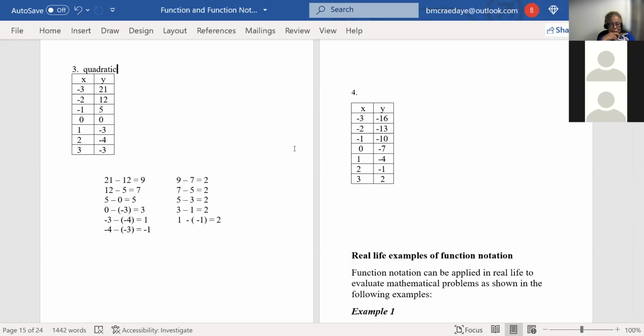So Latoya, do number 4. Tell me what kind of function is number 4. Only look at your Y values. I'm getting 16 minus 13, 3.